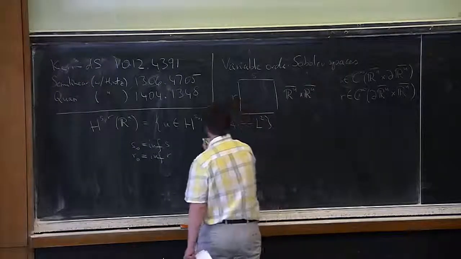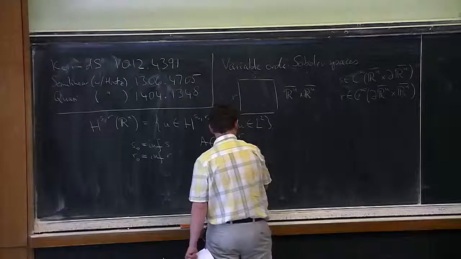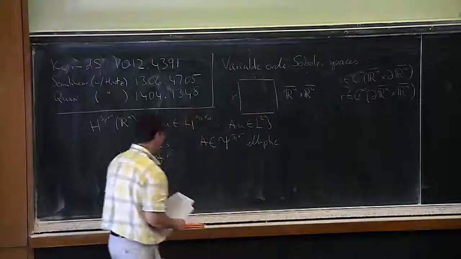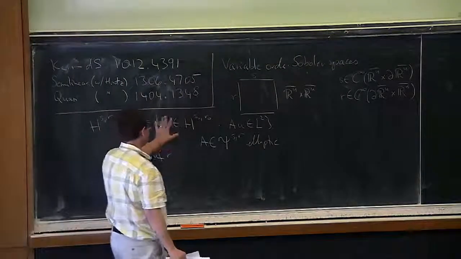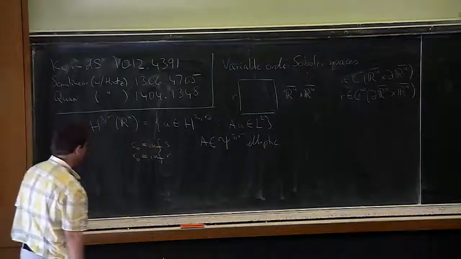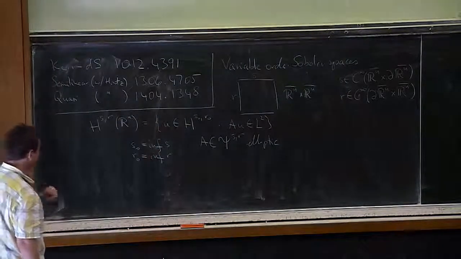Here we pick an A which is in Psi^{s,r} and is elliptic in this class. And then you put the natural norm on it: norm of u squared in this weak space plus norm of Au squared in L2 as the squared norm. So that's the variable order Sobolev space that showed up.